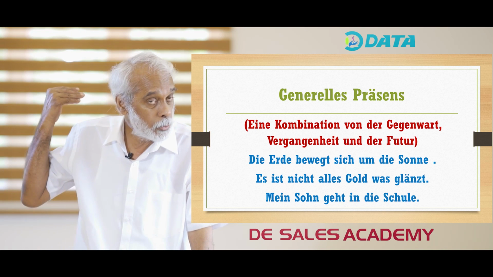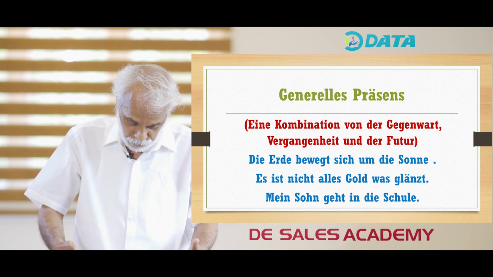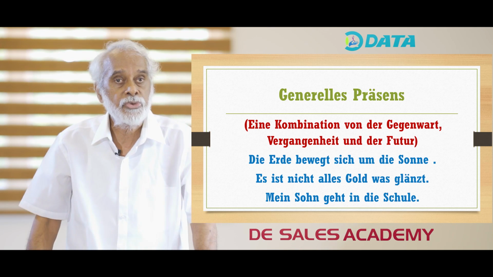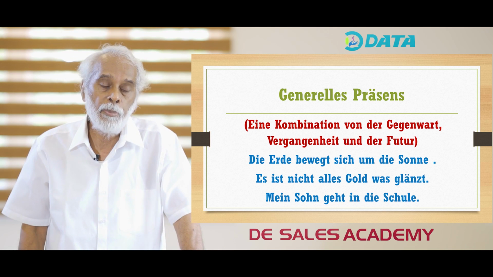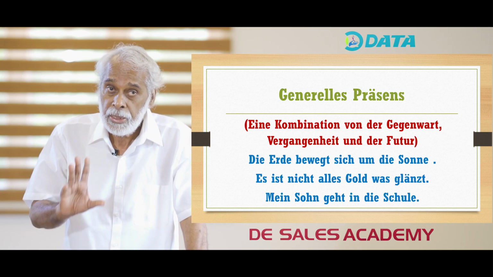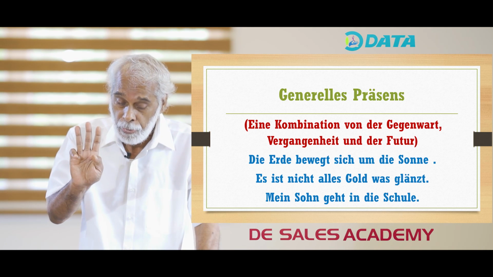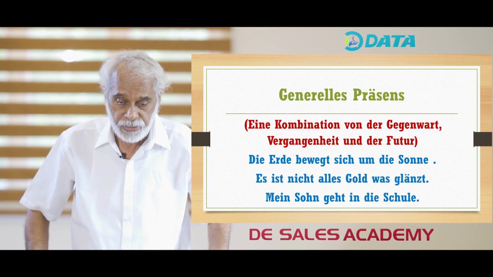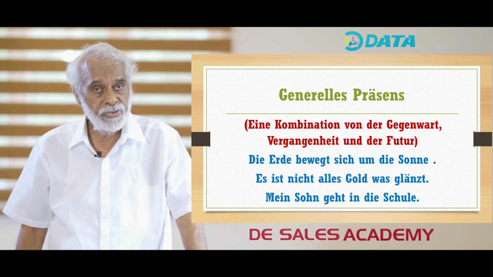He has started going to school some weeks or months back. He is going now, and maybe till his schooling is over, he will keep on visiting the school. So you see, the Generalist Presence has a meaning of the future, present tense, and also the past.